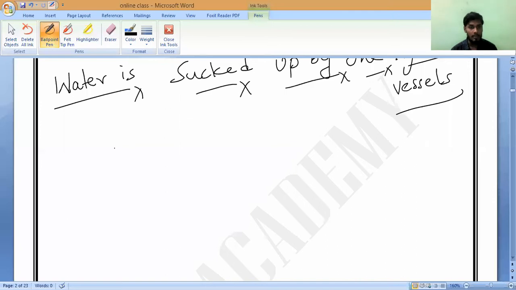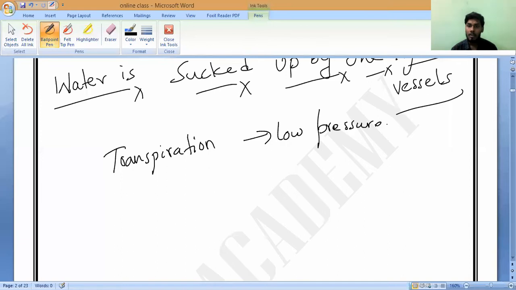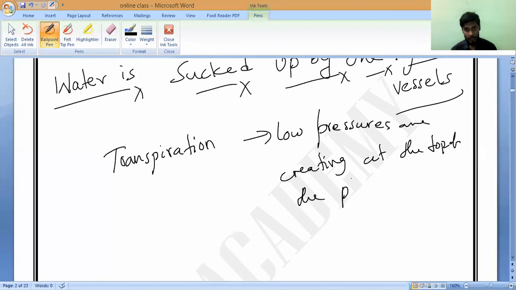So through this stomata, if you consider the plants, by the process of transpiration, low pressure is created at the top of the plant, the leaves. But in the bottom of the xylem, what is happening?